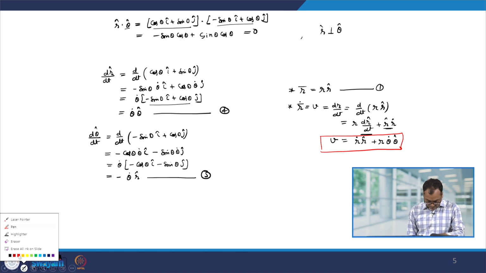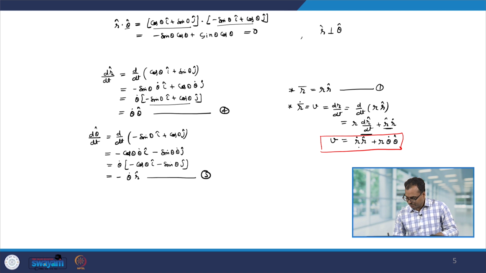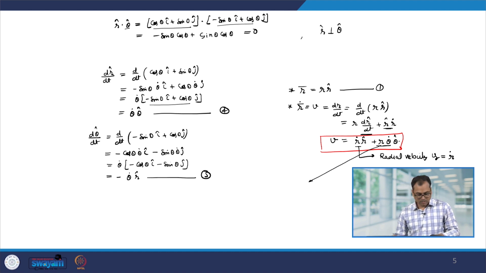Here the first term is along r cap. So therefore the radial velocity Vr is r dot, and the velocity along theta cap is called the angular velocity V theta, this is r theta dot.